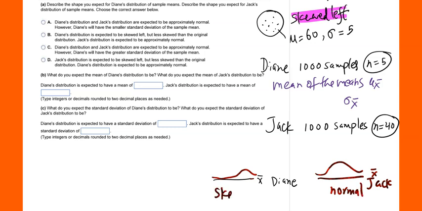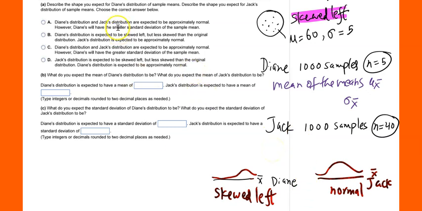Why? Because Diane's sample size is not more than 30, therefore Diane's sampling distribution of the sample mean is going to be skewed left because the population is skewed left. But since Jack's sample size is 40, Jack's sampling distribution of the sample mean is normal. Okay, it has to be. And the first question is based on this discussion.